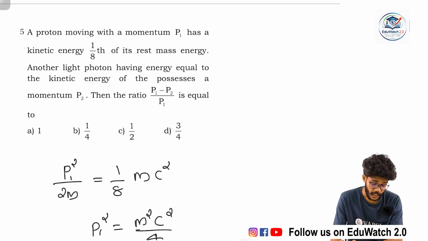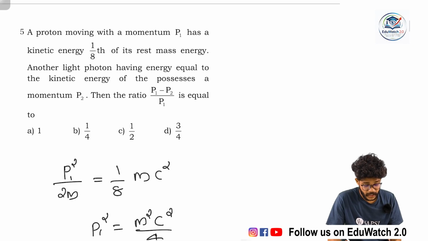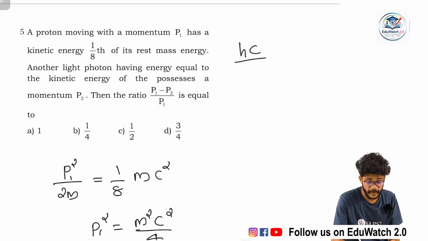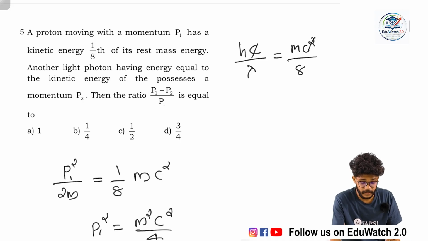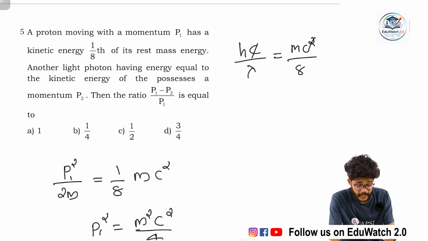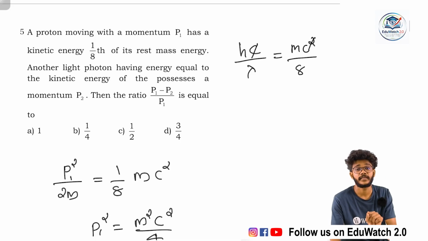about p2. What is p2? I already said that the second one is a photon. So the equation connecting the photon is hc by lambda, which is the energy, and that is equal to mc square by 8, because another photon has energy equal to the kinetic energy.